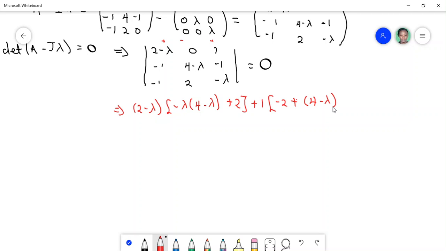Okay, so let's find the roots. We have 2 minus lambda equal to 0, so we have lambda equal to 2.